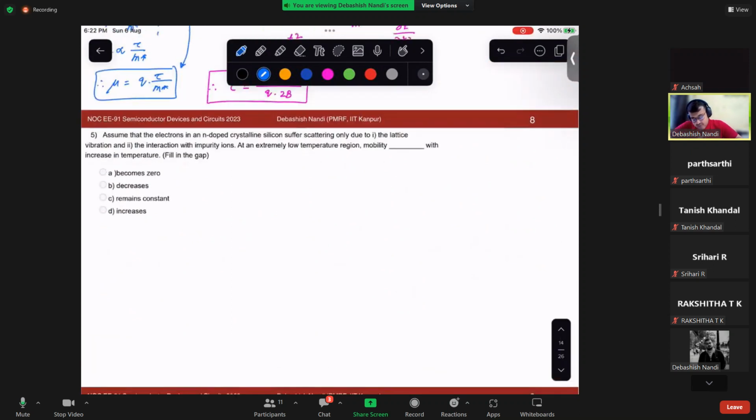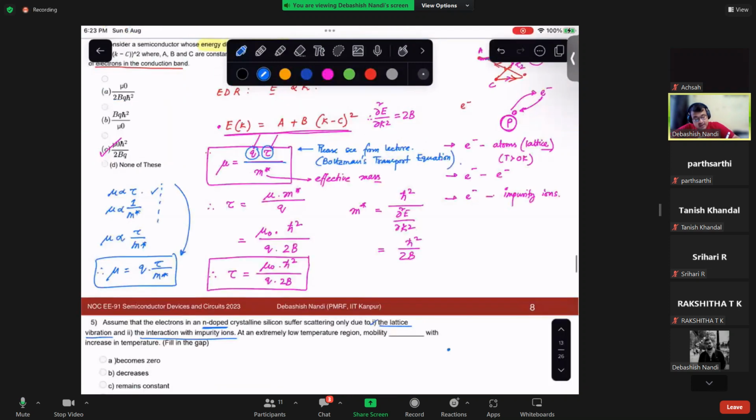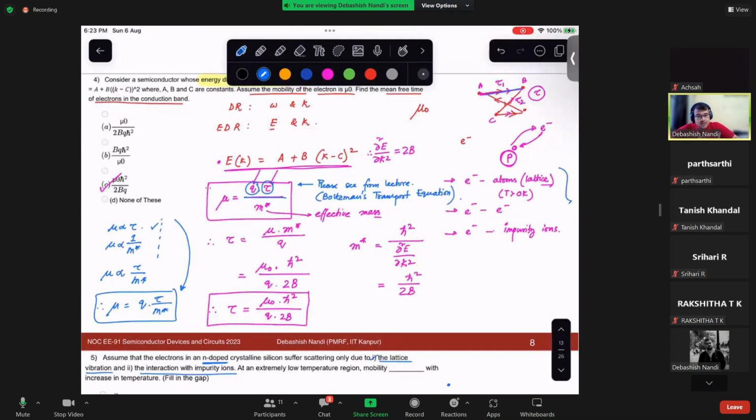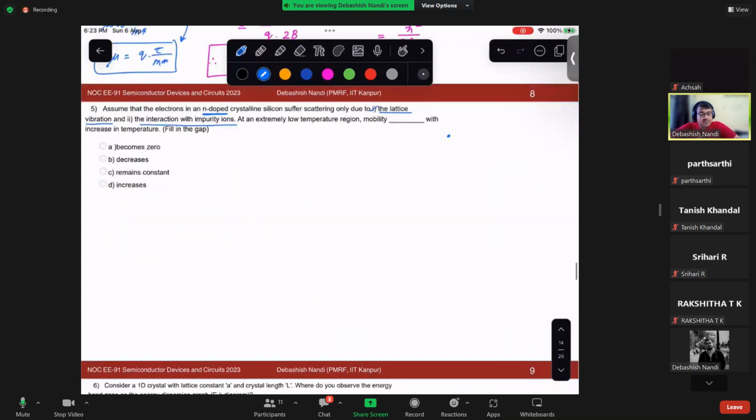Assume that the electrons in an n-doped crystalline silicon, n-doped meaning donor type, suffer scattering only due to the lattice vibration and interaction with impurity ions. By the way, whatever we have discussed here are the scattering mechanisms. So how many types of scattering mechanisms do you know?